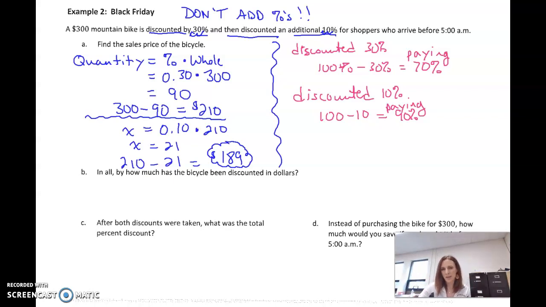So we're actually paying, if I work backwards here, 90% of 70% of 300, right? So we're paying 70% of 300, that's this discount here, and we're paying 90% of that. So you really could go changing these to decimals and multiplication, because again, that's what of means.